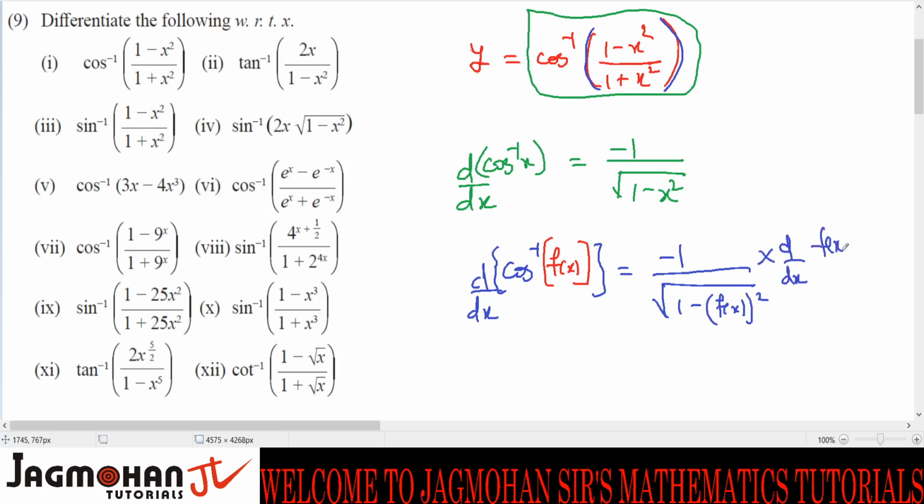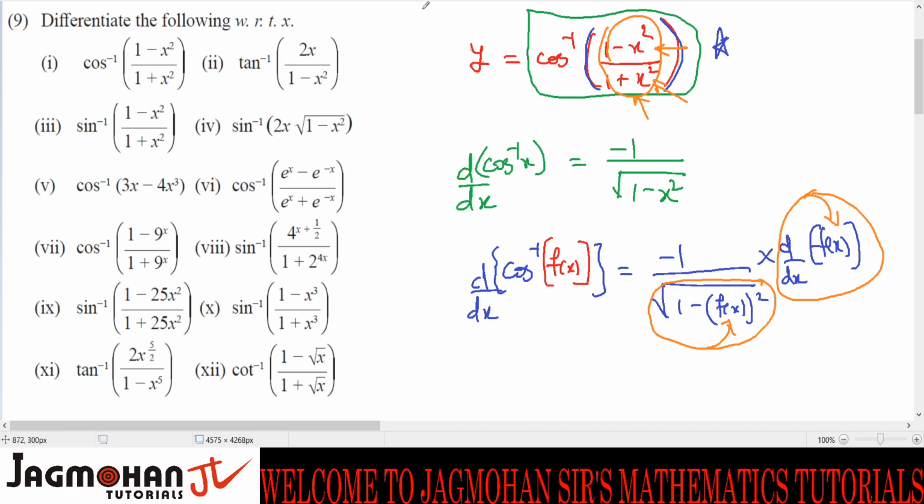Now you can understand, for this question, if f of x is replaced by this, how difficult it will become. This bracket will come, and then here also this bracket will come. So this expression will become difficult to adjust, and differentiating will become quite lengthy, because you will have numerator and denominator, then apply division rule and all that.